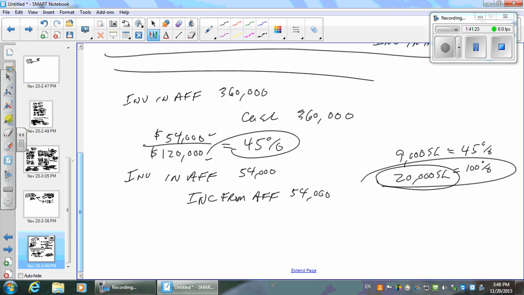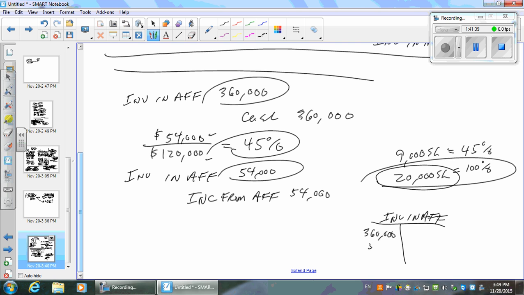We want to know what the balance is in that investment account. That's the third part still. So investment in affiliate. Okay. We had 360. We added 54. And there's going to be one more thing, of course. What did they do? Paid a dividend, didn't they? So what would the dividend be? Here's the investment. Here's our share of the income.